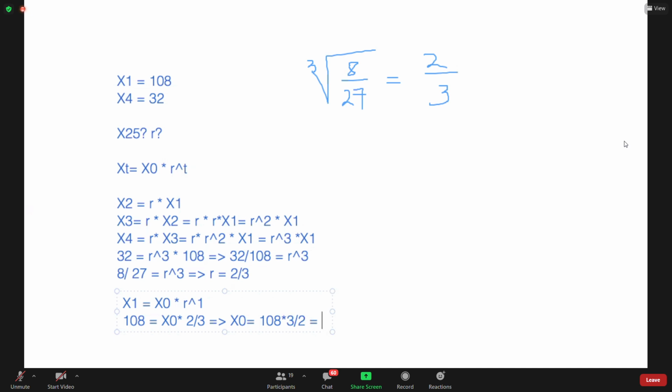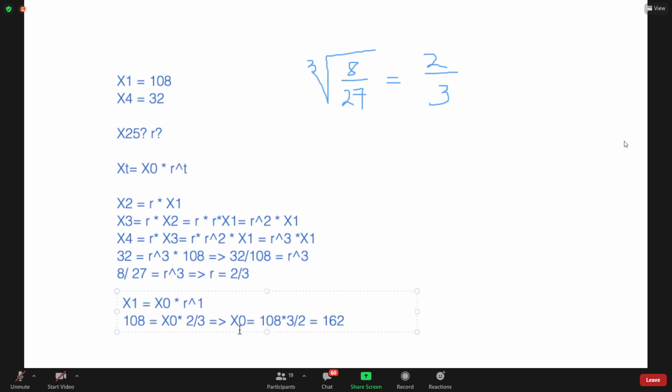I think. Let me check my calculator. 108 multiplied by 3 divided by 2. Yes, this is correct. It gives us 162.